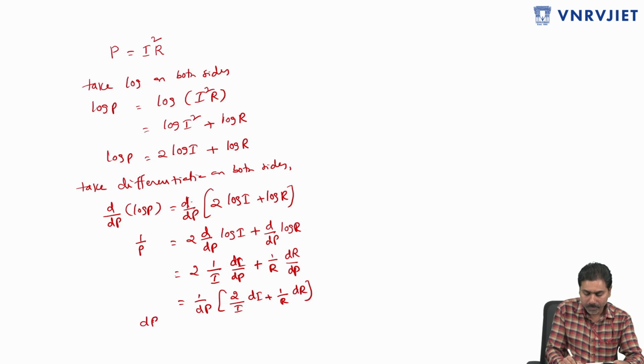We will get dp by P is equal to 2 into di by I plus dr by R.